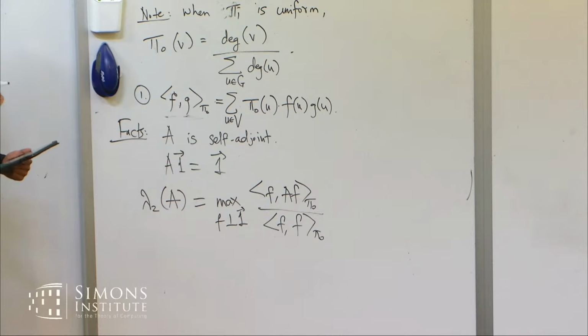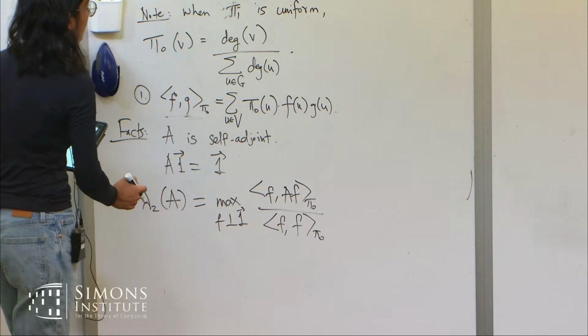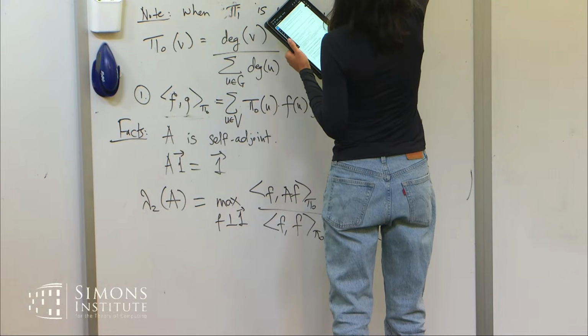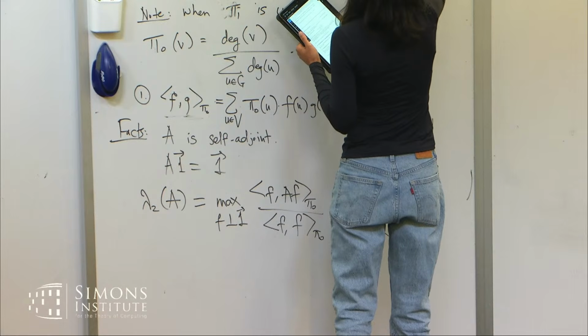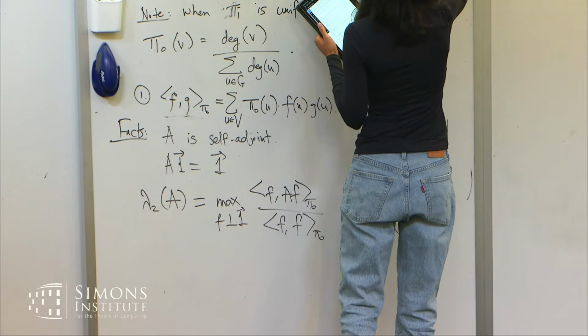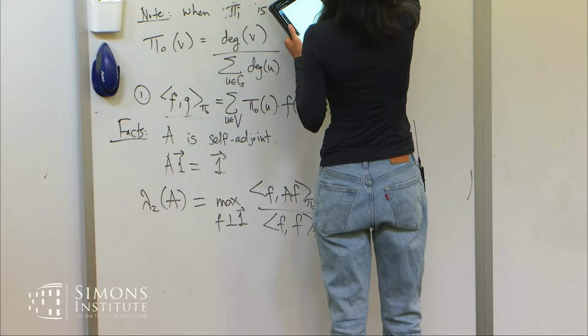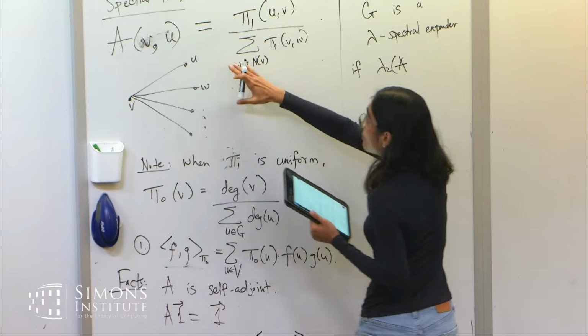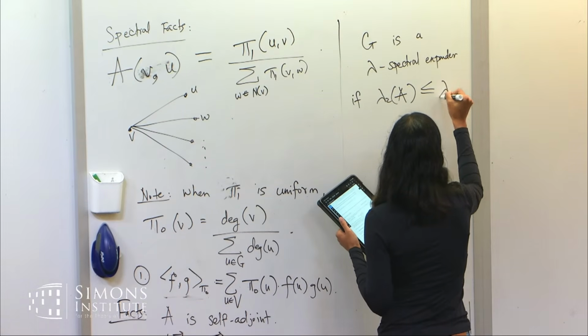Okay, so any questions about this? And given this, we say that G is a lambda spectral expander if lambda 2 of the adjacency matrix that we just defined is at most lambda.